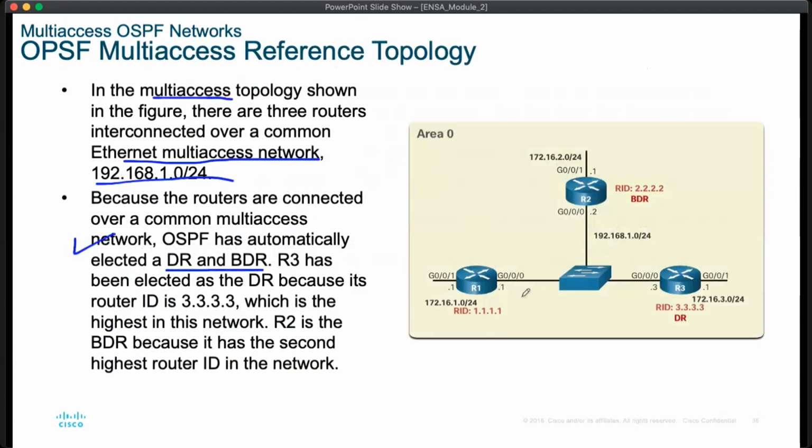R3 has been elected as the DR because its router ID is 3.3.3.3, which is the highest in the network. R2 is the BDR because it has the second highest router ID. So R2 has been chosen as BDR.